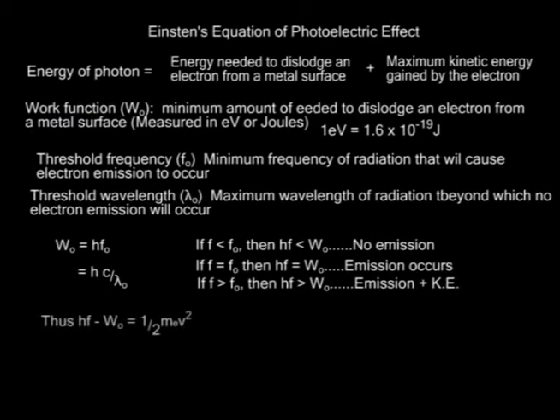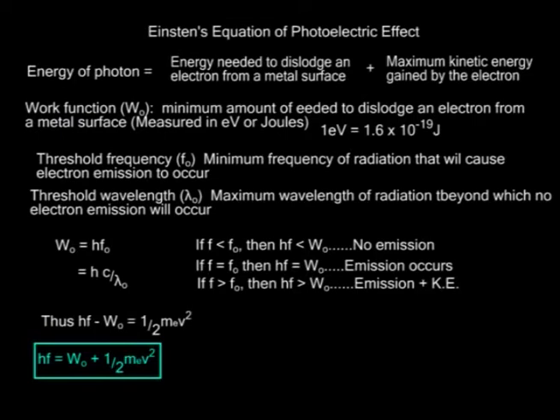Therefore, hf minus work function is equal to the kinetic energy, half m_e v squared, where m_e is the mass of an electron and v the velocity of the electron emitted. hf = work function + kinetic energy, that is, half m_e v squared.